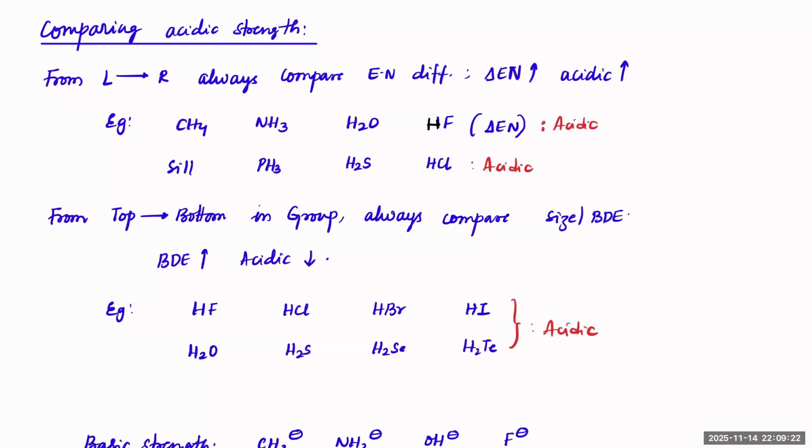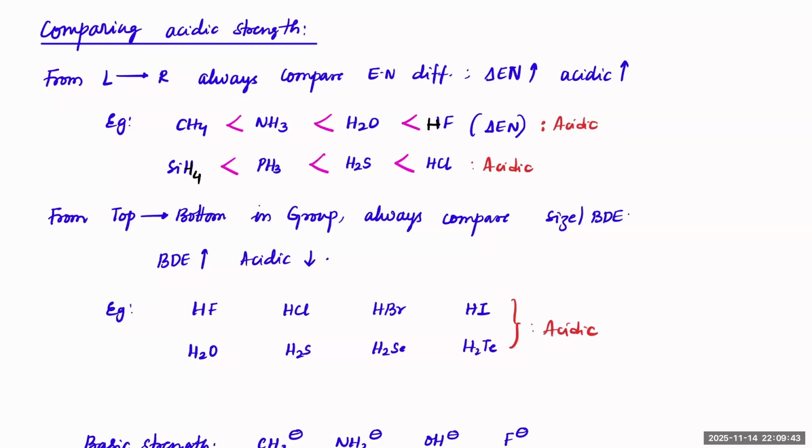Because you are going from left to right, electronegative difference is more. Got it? Similarly, if you compare SiH4, PH3, phosphine, H2S, HCl, which one should be the strongest acid? Left to right, acidic strength should increase, everybody.